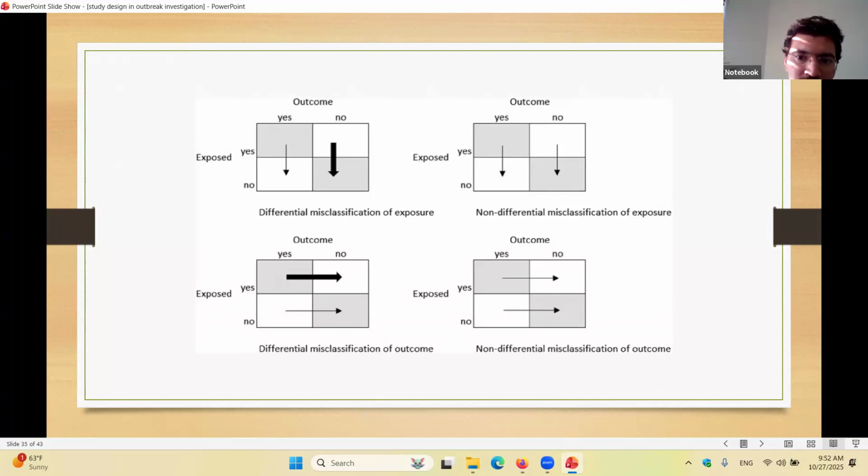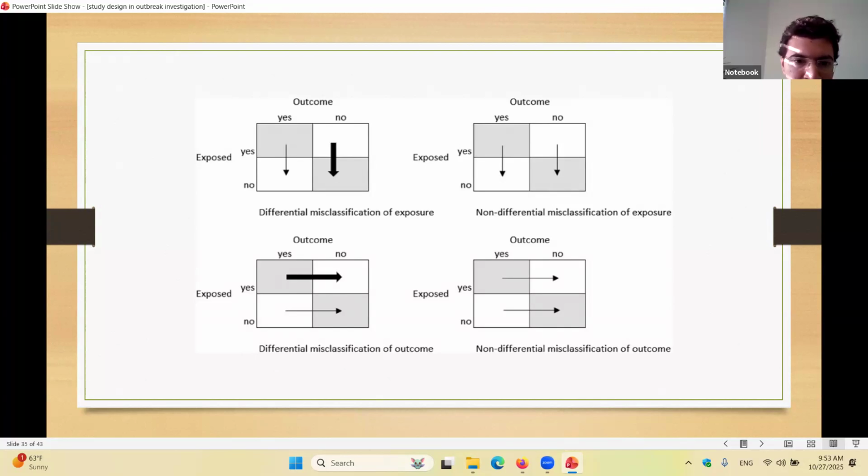When it is differential, the left figure is differential misclassification because in one group the magnitude of misclassification is more, and therefore it affects your association measure.